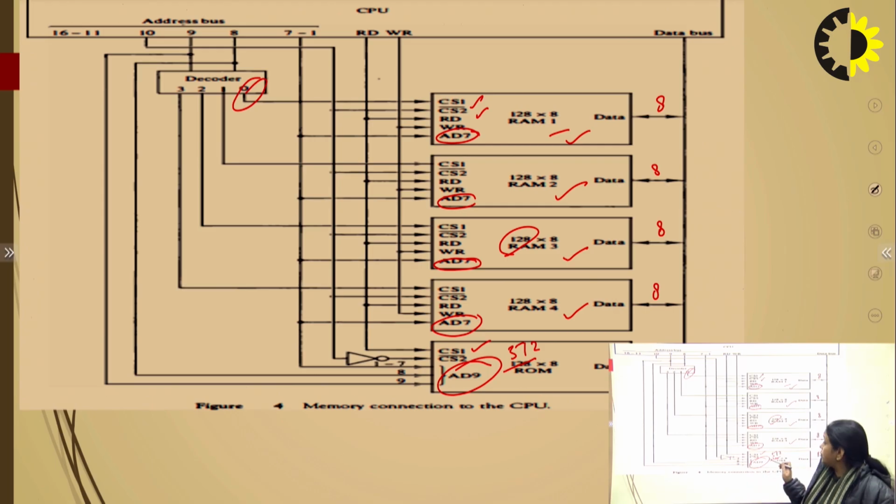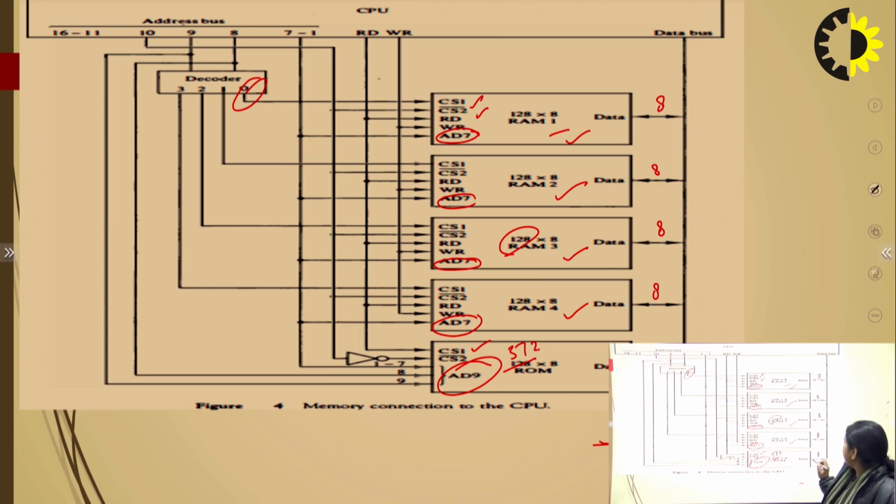Here we are using only one CS2 bar address line to select between the RAM and ROM. If the value of CS2 bar of ROM is 0, then this ROM will be selected. And we don't have a read and write control line here, because we can only perform the read operation.